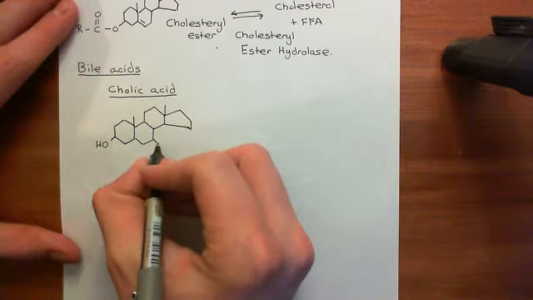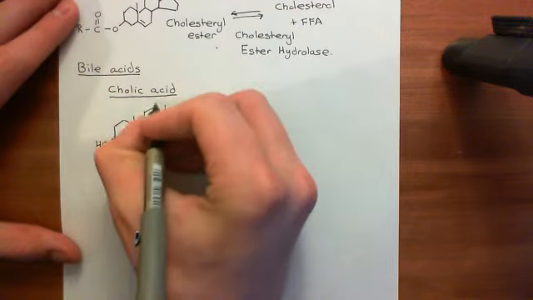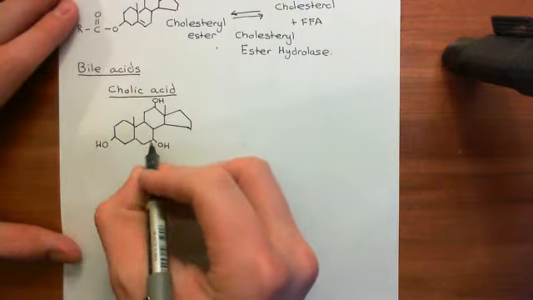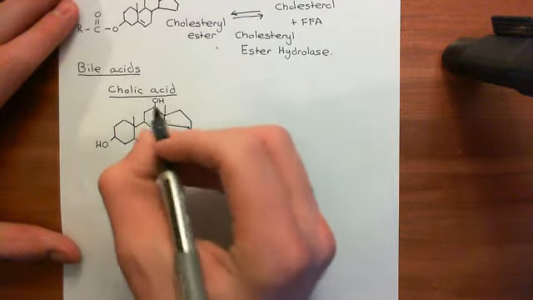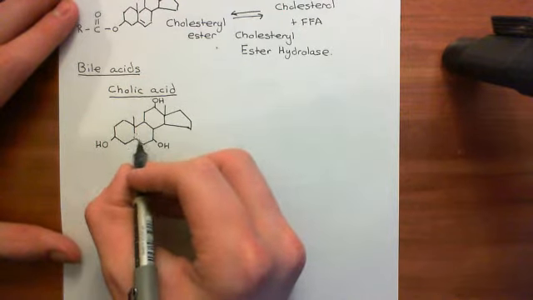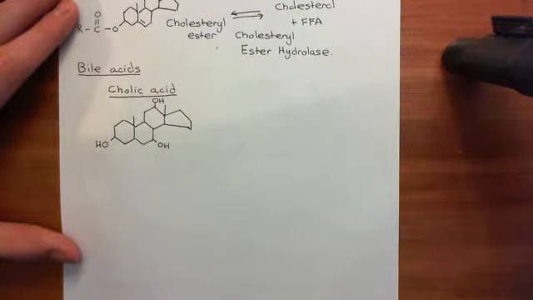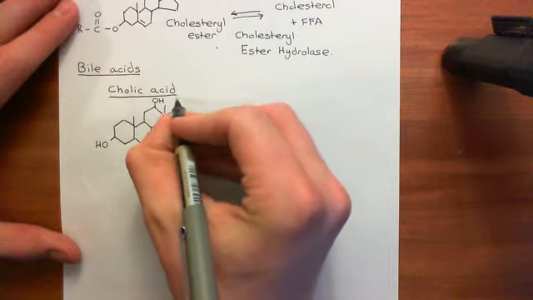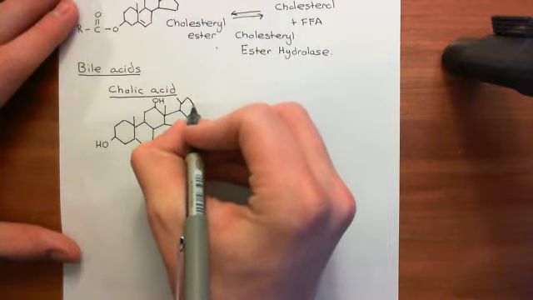Then what you have, which cholesterol doesn't have, is two alcohol groups that are in addition to this alcohol group over here. So you have one here and one here. You don't have the double bond there, so that's not present in cholic acid. And then what you're going to have is a 5-carbon carboxylic acid molecule on the side here.